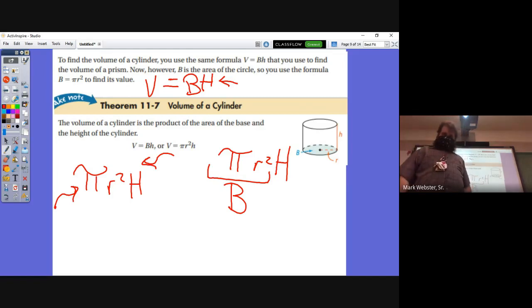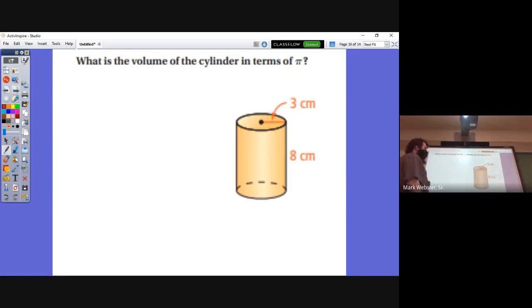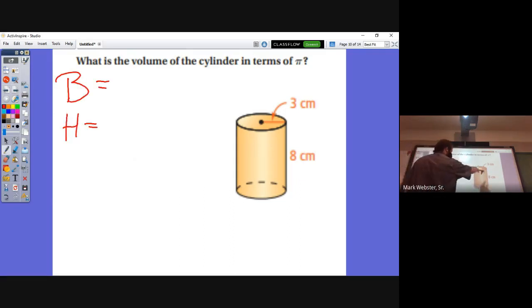So the formula that they're giving specifically for a cylinder, its own bespoke formula, is pi r squared times h. So let's do a cylinder. We are just going to find the area of the base. We're going to find the height, just like before. Well, what's r?